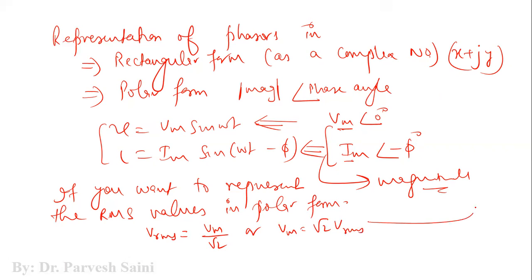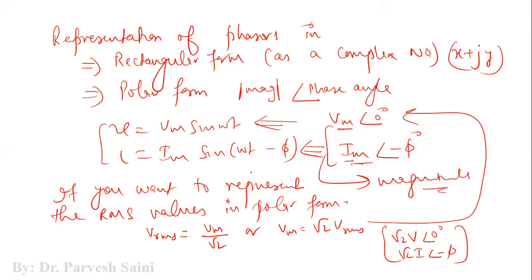The polar representation becomes root 2 V angle 0 degree, and for current root 2 I angle minus phi degree. This is in terms of the RMS value, and the earlier one is in terms of the peak value.